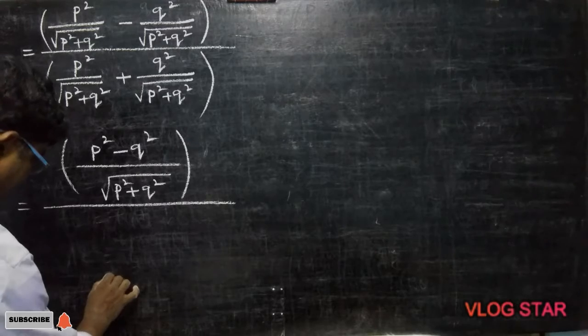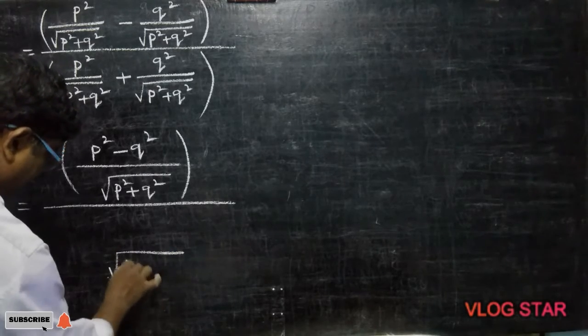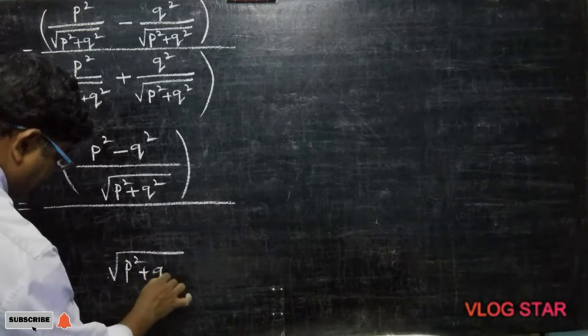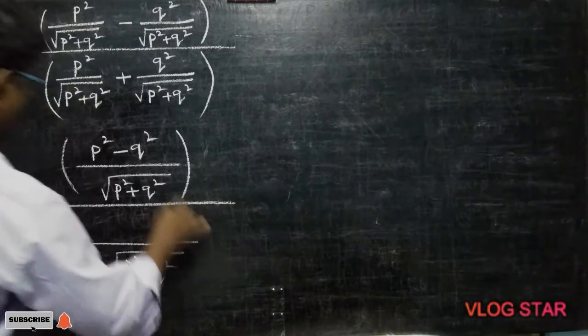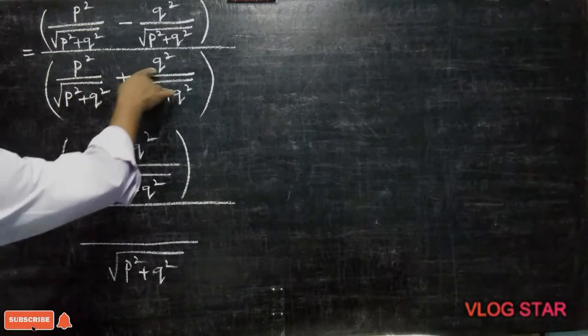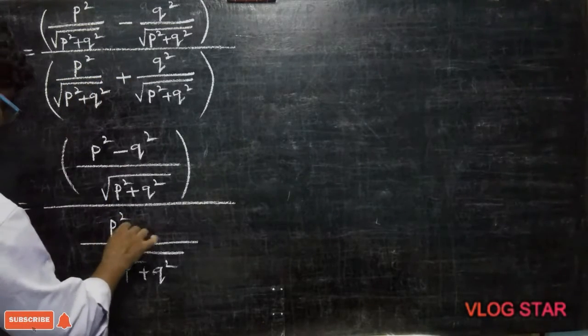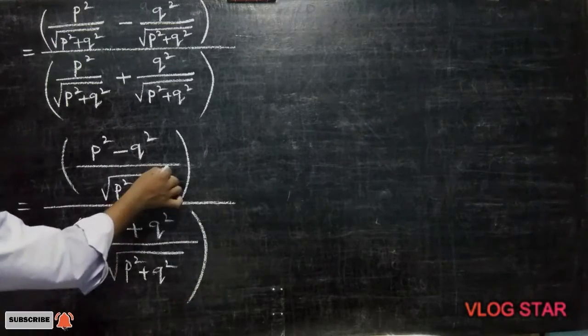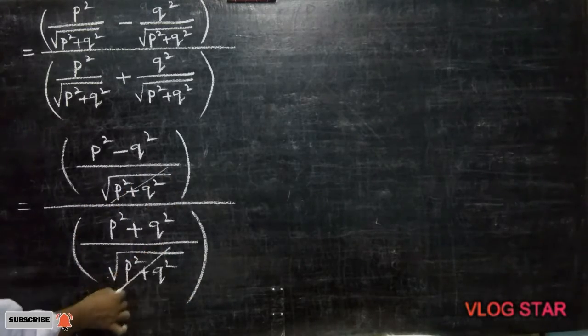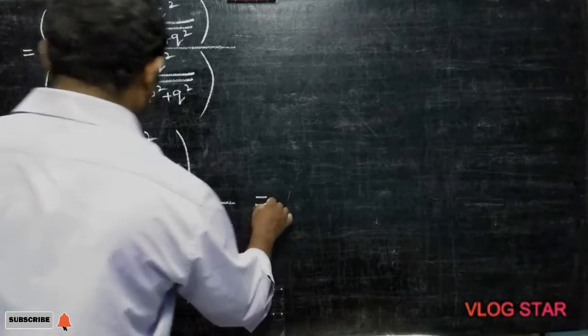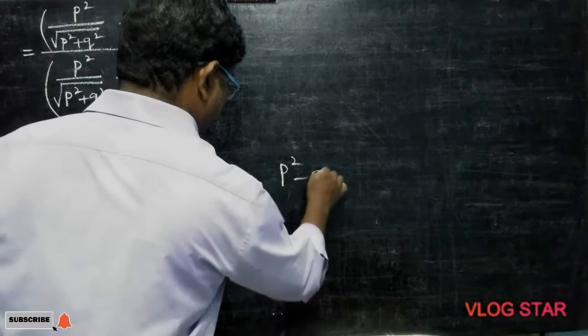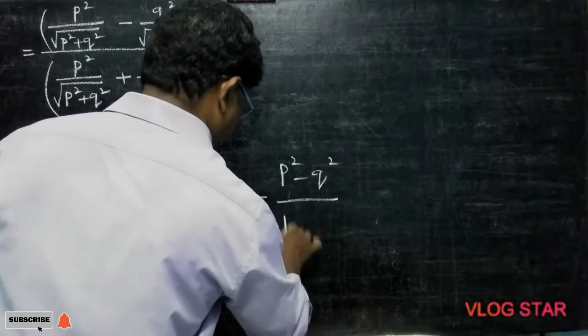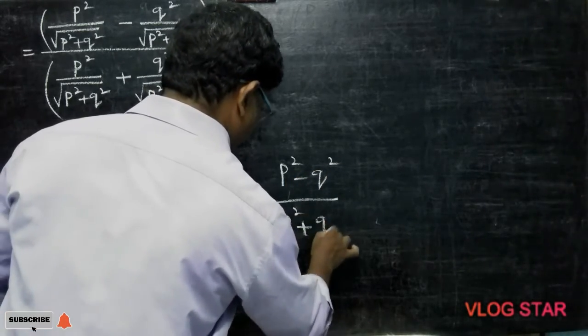Denominator also, the LCM is square root of p square plus q square. And here this time plus p square plus q square, p square plus q square. Now the denominator gets cancelled. And what is remaining? p square minus q square by p square plus q square.